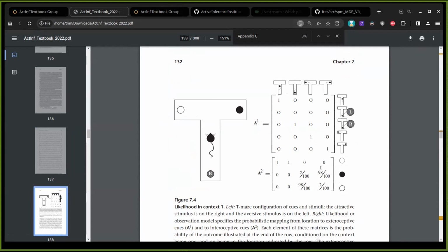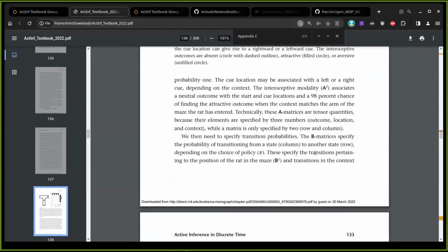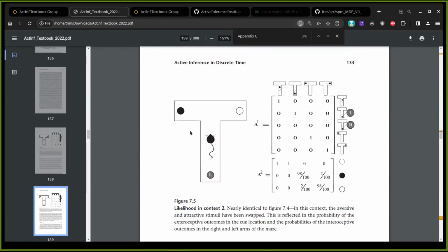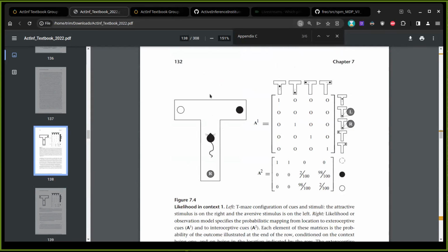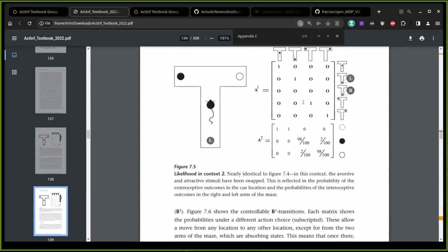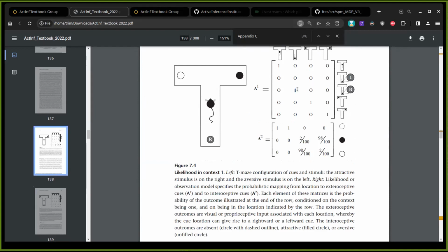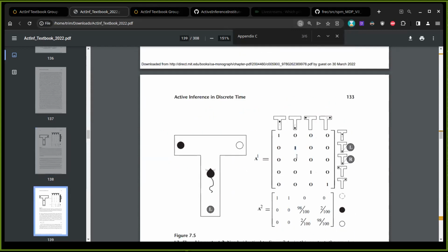So where and what. This is the same, except now the black is on the left instead of on the right. And so we see that reflected here, we have a 1 and a 98 on the right and a 1 on the bottom. Here, the 1 has moved up a row and the 98 is on the left.